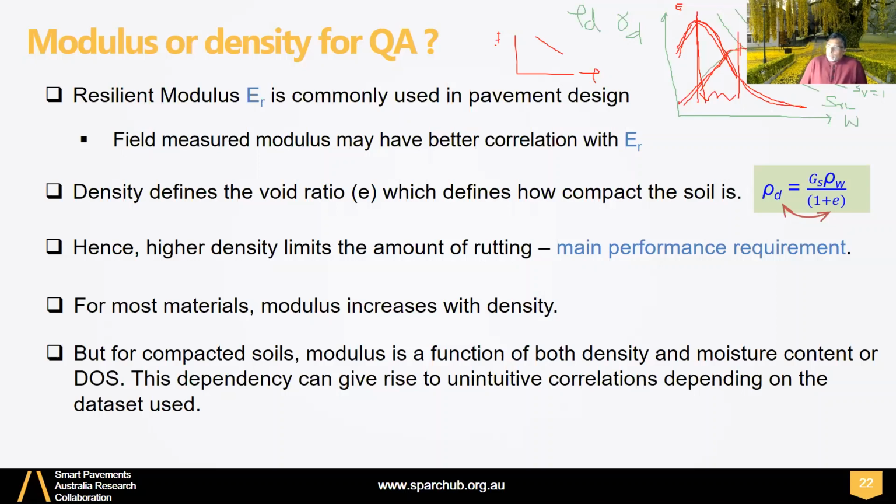Yes, it is based on that empirical design chart and matching that with 350 MPa base reference modulus and running the mechanistic model and developing that rutting criteria. So it is basically replicating the empirical design. Of course, empirical design is based on experience, and people have been happy with that.